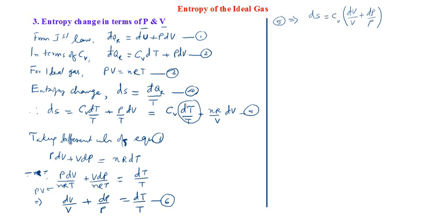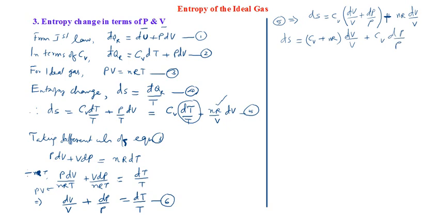Plus nR, the same term here, plus nR dV by V. I am writing in an integrable form, dV by V. And can you see here straightforward that there are two terms containing dV by V. So you can just write that as Cv plus nR times dV by V plus Cv into dP by P, opening the bracket and rearranging.